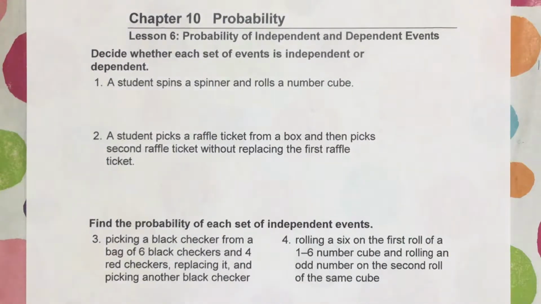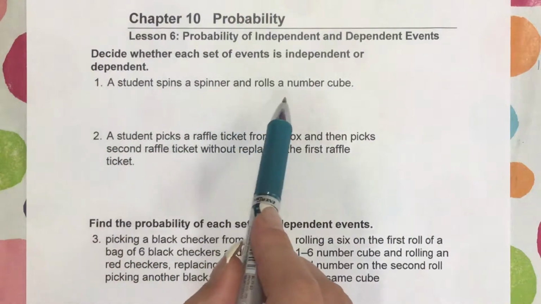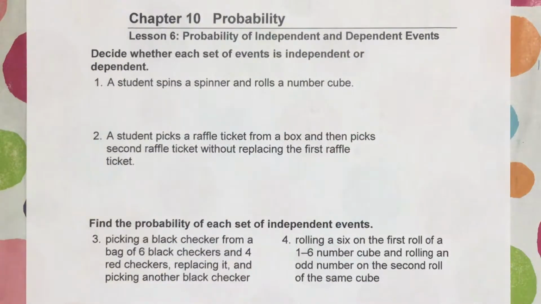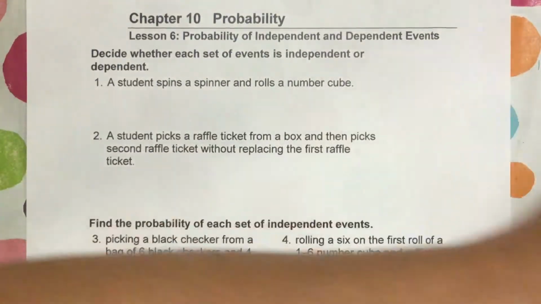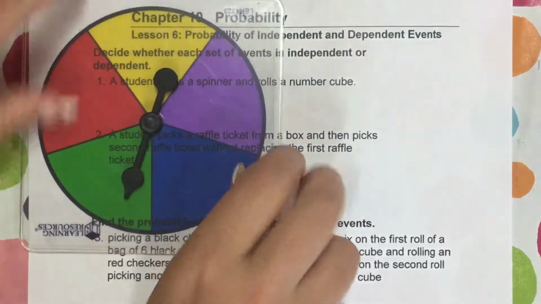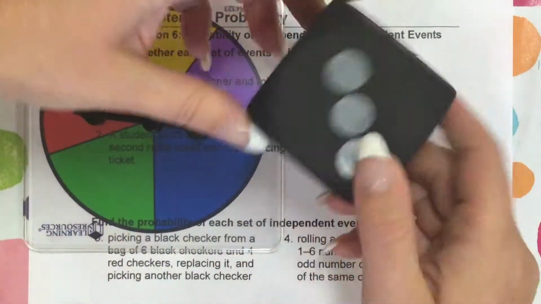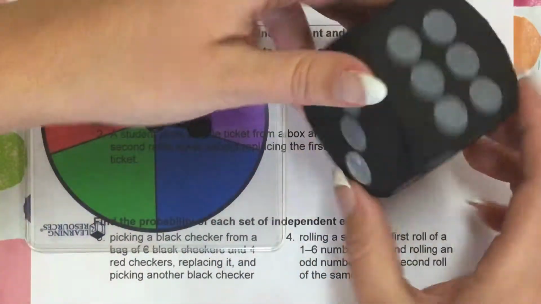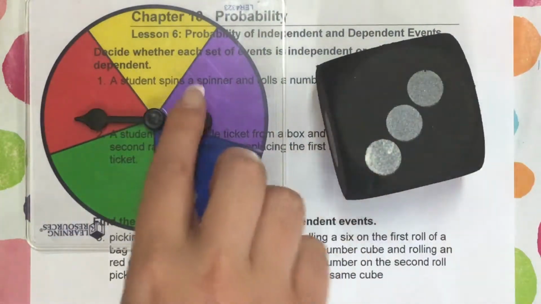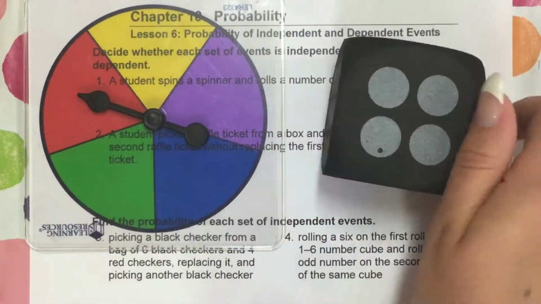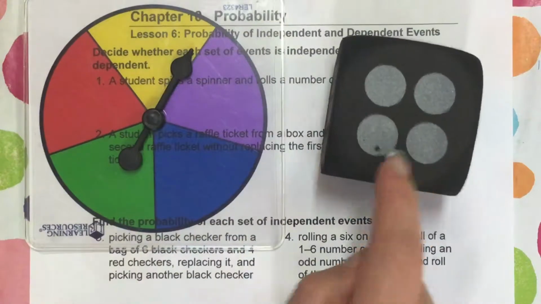All right, we're back. A student spins a spinner and rolls a number cube. So we are spinning a spinner here and rolling a number cube. If I roll the number cube, does that have anything to do with this spinner, or when I spin this spinner, does it have anything to do with this number cube?